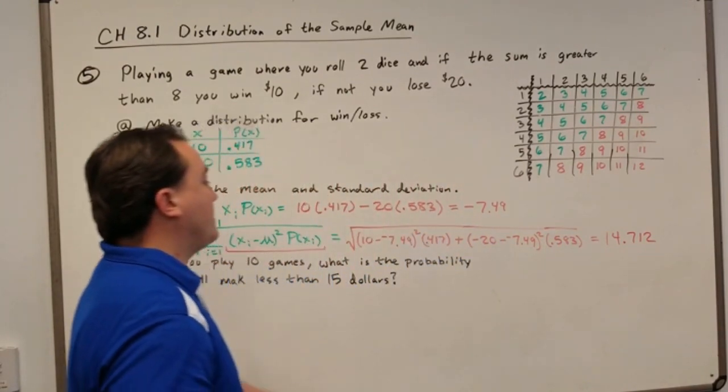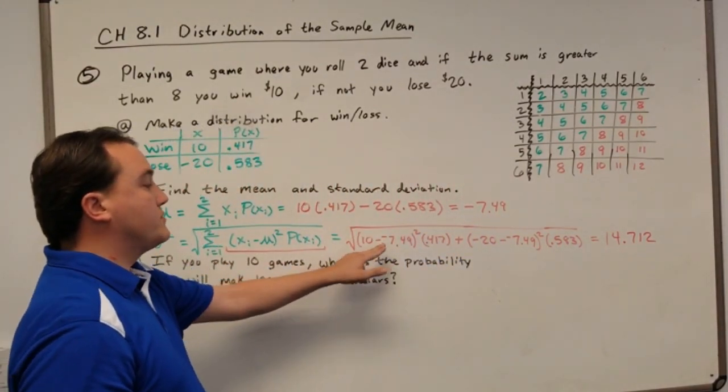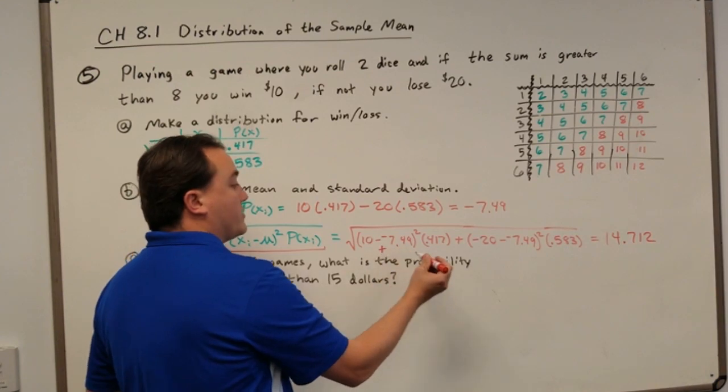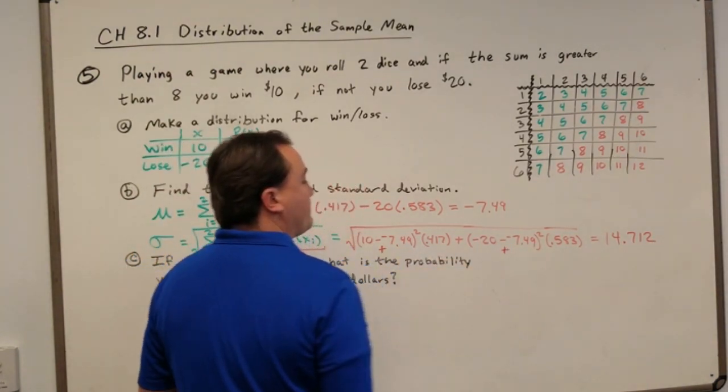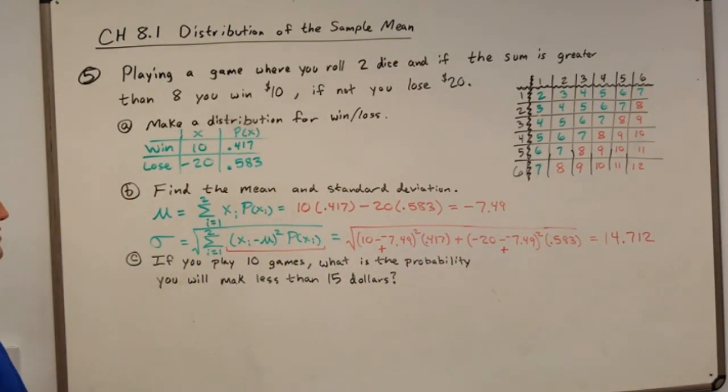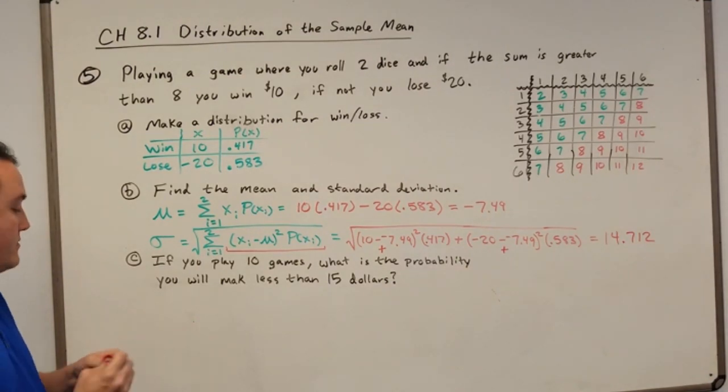Okay. And the reason I put minus and negative here is because really what you're going to do is add those when you're typing this into a calculator or whatever you're using to calculate the mean and standard deviation.